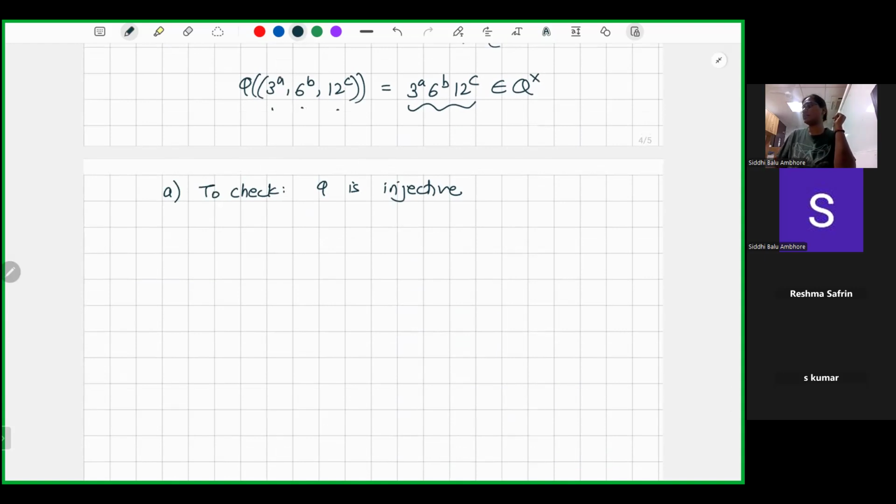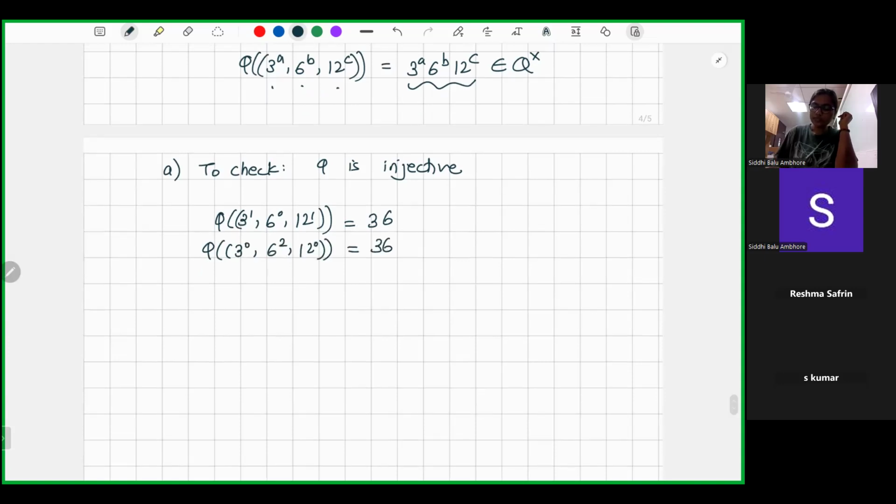So just take basic numbers which you want. For example, phi of 3 power 1, 6 power 0, 12 power 1 is what? 3 times 12 is 36, and phi of 3 power 0, 6 power 2, 12 power 0 is again 36.